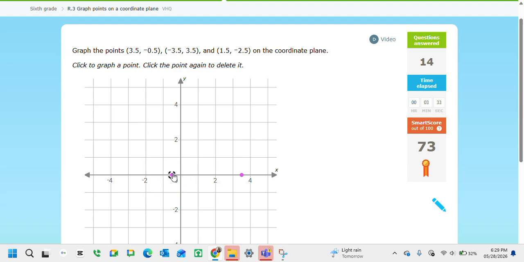Oh, wait, no, that's not how it works. 3.5, -3.5, 3.5.